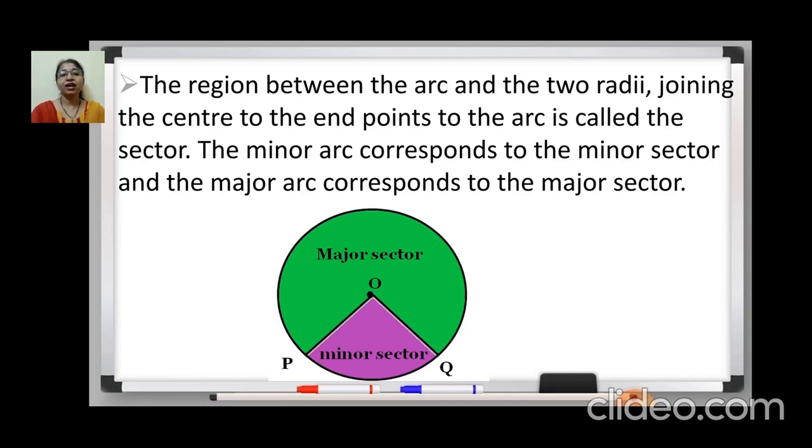So how to define this? The region between the arc and the 2 radii joining the center to the end points of the arc is called sector. The minor arc corresponds to the minor sector and the major arc corresponds to the major sector.